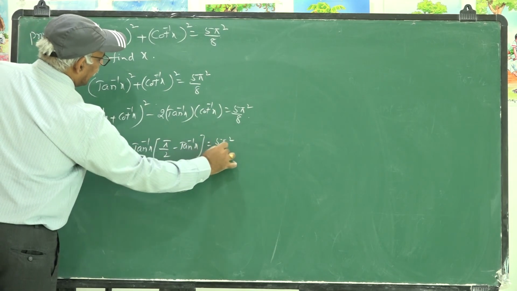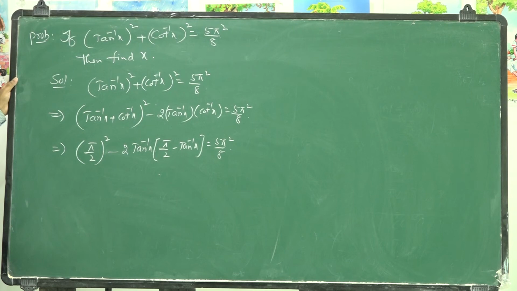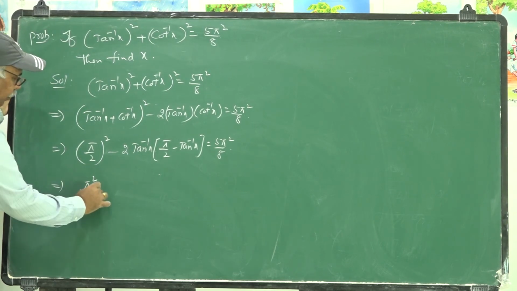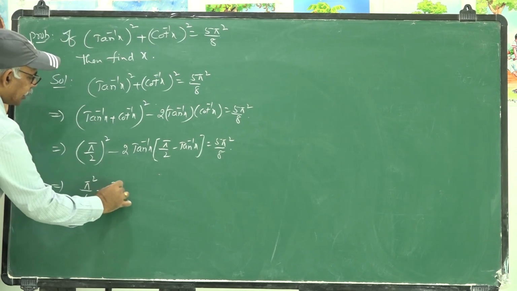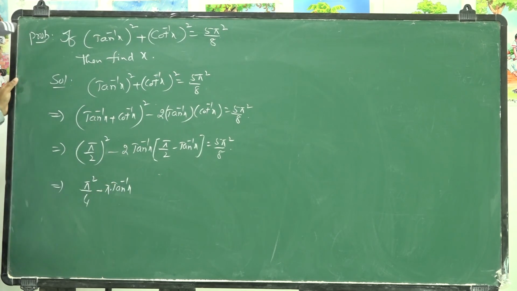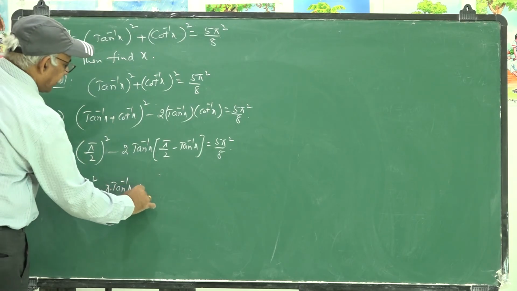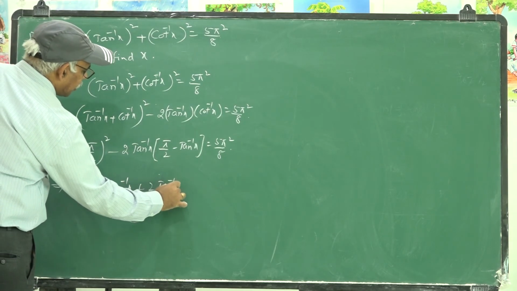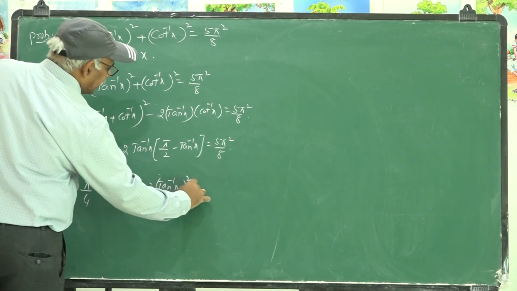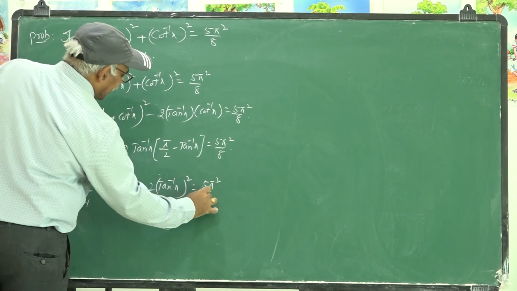So we get pi square by 4 minus 2 tan inverse x times pi by 2 minus tan inverse x, which is pi square by 4 minus pi tan inverse x plus 2 tan inverse x whole square equal to 5 pi square by 8.